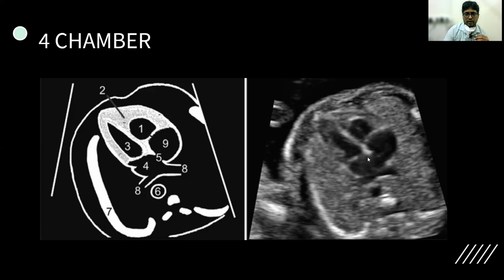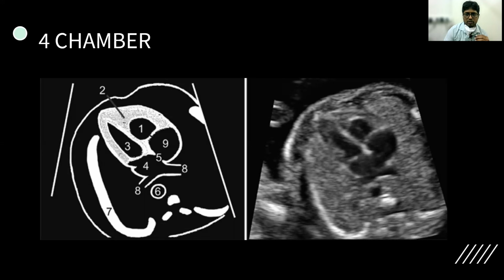There are certain rules that we have to follow to identify the morphology of these chambers. Now, the left atrium is that chamber which is close to the vertebra, and it is that chamber where the pulmonary vessels come and drain. Now, that is the morphological left atrium. The morphological right atrium will be slightly bigger, and it is the place where the SVC and the IVC will come and drain.